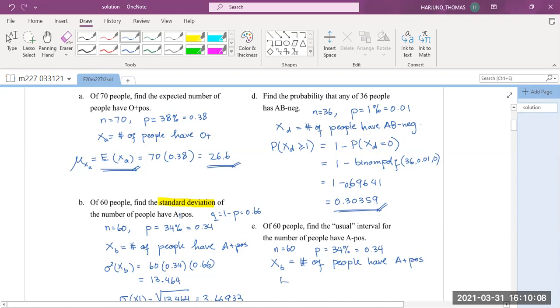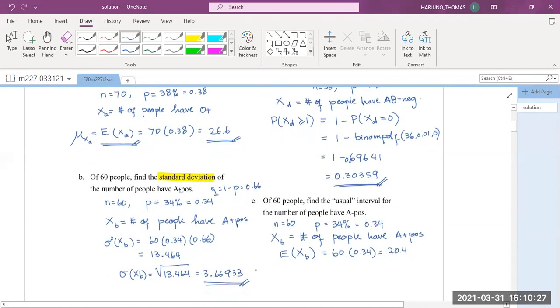Now the mean is N times P. That's 20.4. And the standard deviation we computed earlier is 3.66933.